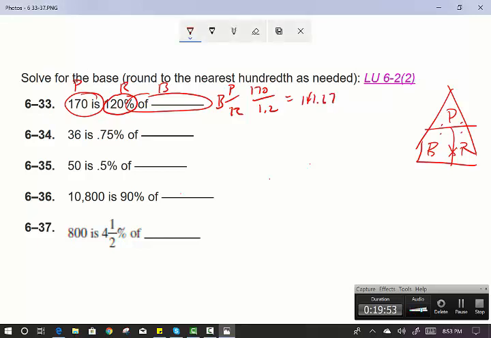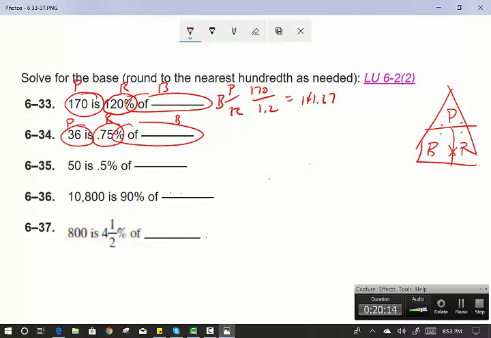Okay, pay really close attention to this number 34. First of all, 0.75% or 75 hundredths of 1% is the rate because it's associated with the percent sign. The number that follows percent of is your base. The number associated with is or equal is your part.